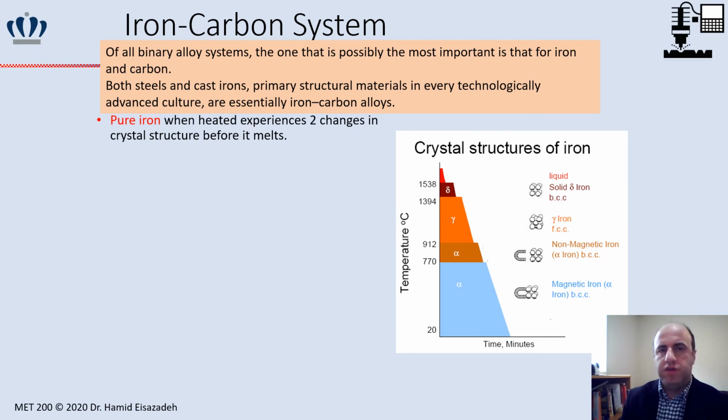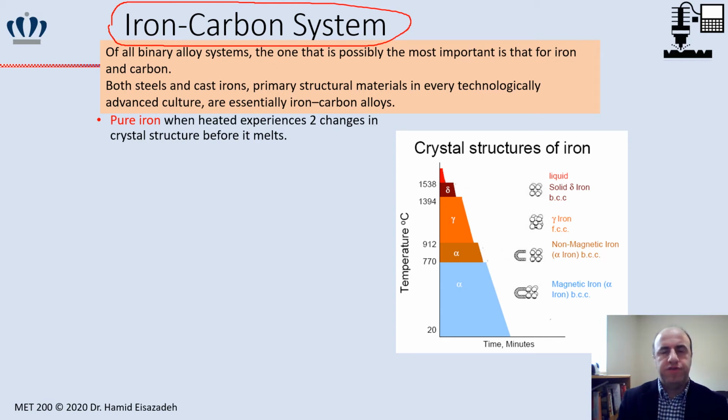So far we discussed the phase diagram of the simple copper nickel alloy. Here we are going to discuss the iron carbon system, a very well known phase diagram, and this is important for iron and carbon.